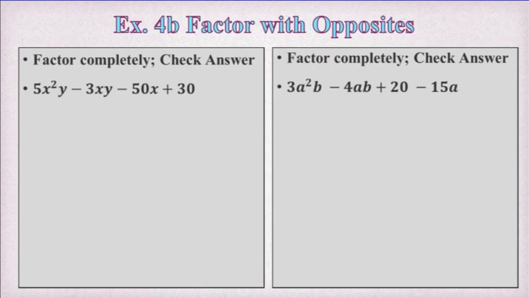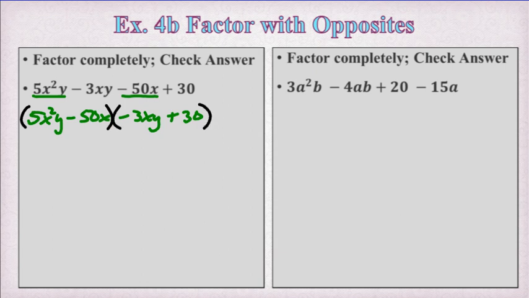Next one, factor completely and then check the answer. So I'm going to group. I'm going to rearrange because I know this 5x squared y works better with this minus 50x. So I have 5x squared y minus 50x, and then I have a minus 3xy plus 30. And now I can group. I can take out a 5x.